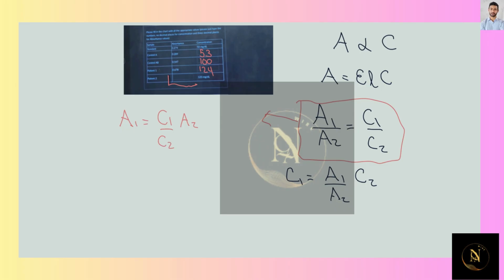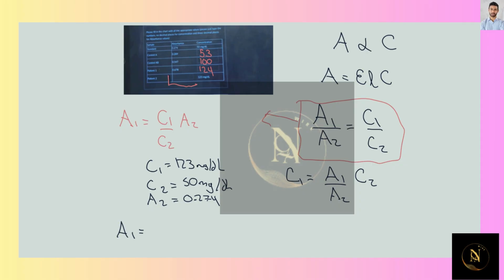In our case, A1 is unknown. C1 is equal to 123 milligrams per deciliter. C2 is going to be one known. Let's pick the same, 50 milligrams per deciliter, which is going to have an absorbance of 0.274.